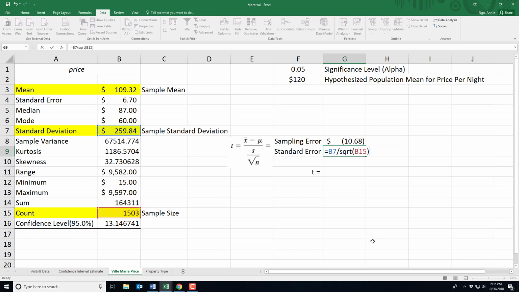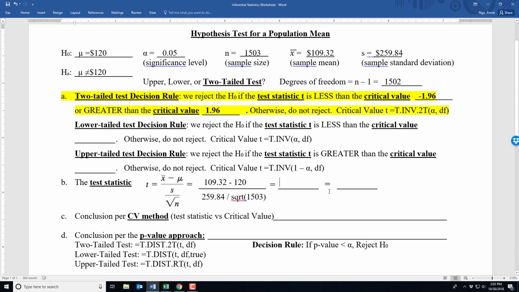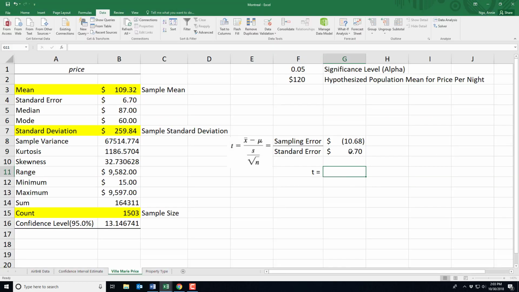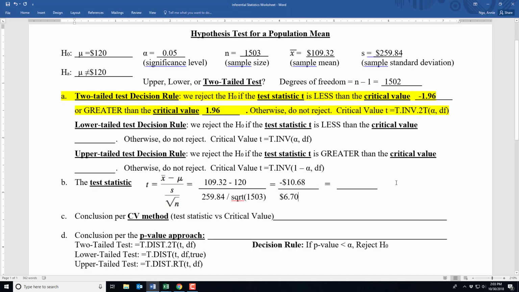Closing parentheses, I get my standard error. Plugging that in, we get negative $10.68 for our sampling error, and for our standard error, we get $6.70. Now, to divide these two numbers to get our test statistic, I'll do equals my sampling error divided by my standard error, and I get a test statistic of negative 1.59, rounded to 2 decimal places. So I'll plug in negative 1.59.